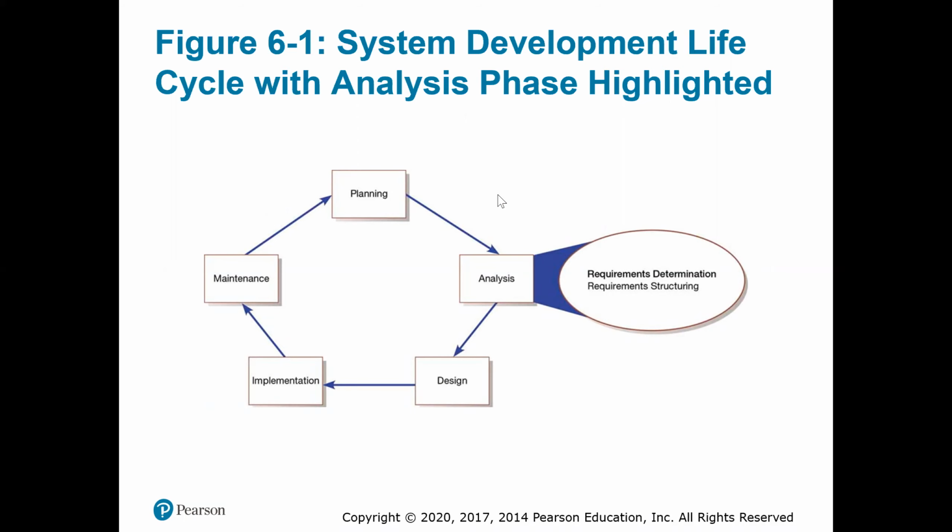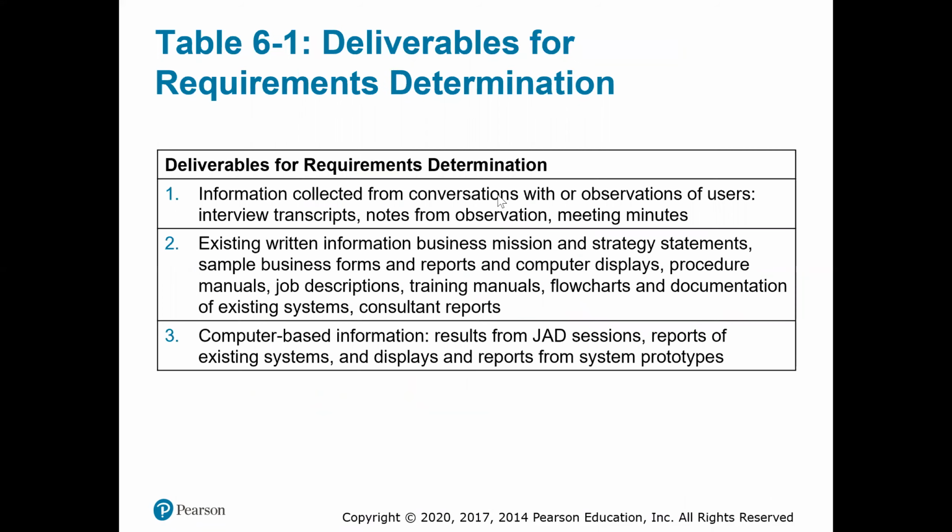Well, requirements determination is, okay, what does the system need to do? And requirements structuring is how does it need to do it, in terms of what business process modifications or business process accommodations the system will need, right? And this is all in this analysis bucket.